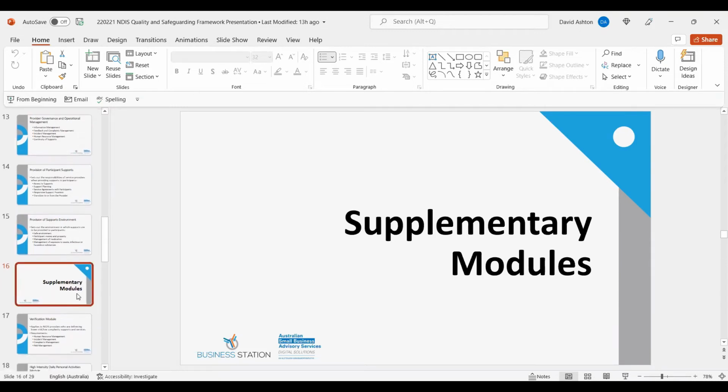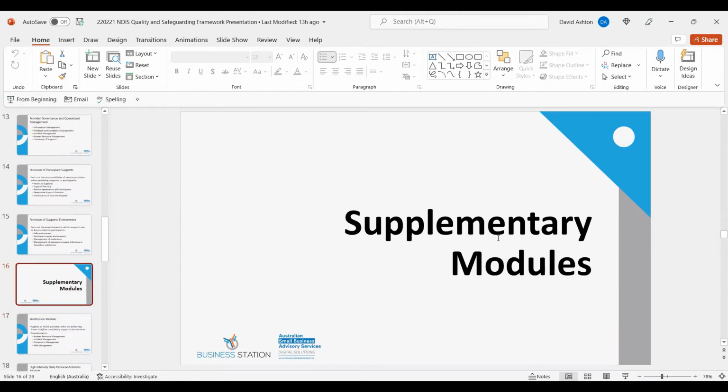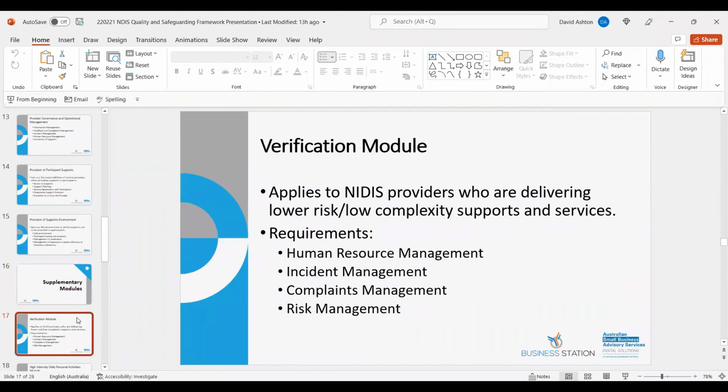The next ones that we're going to touch on are supplementary modules. They are dependent upon obviously the size of your organisation, but what actual services you're going to actually provide. The first one I'm going to touch on is the verification module, and this applies to NDIS providers who are delivering lower risk, low complexity supports and services.